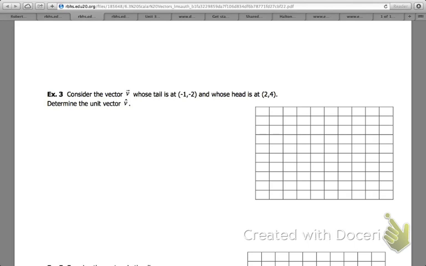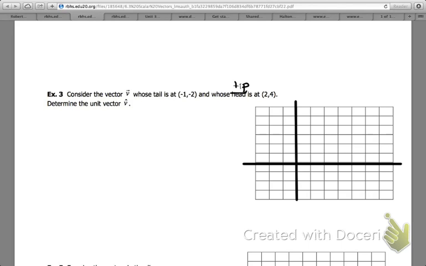Now in our next example, we want to consider the vector v, whose tail is at -1, 2, and whose tip is at 2, 4. Determine the unit vector v caret. So what we need to do here, we're first going to start off by drawing x and y axes, just so we can actually plot our tail and our tip.